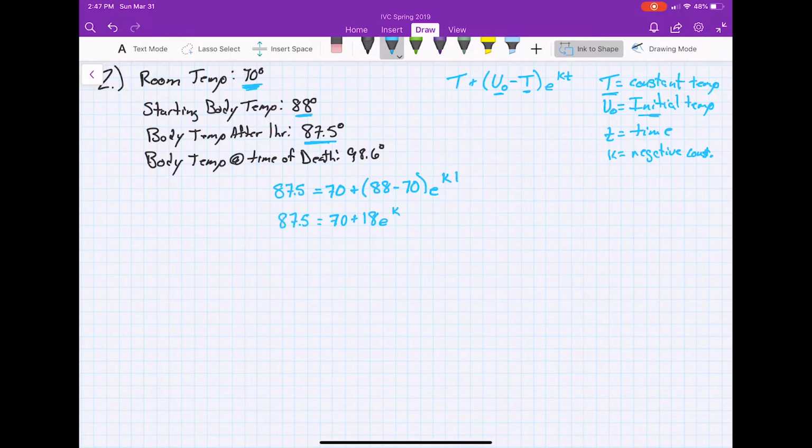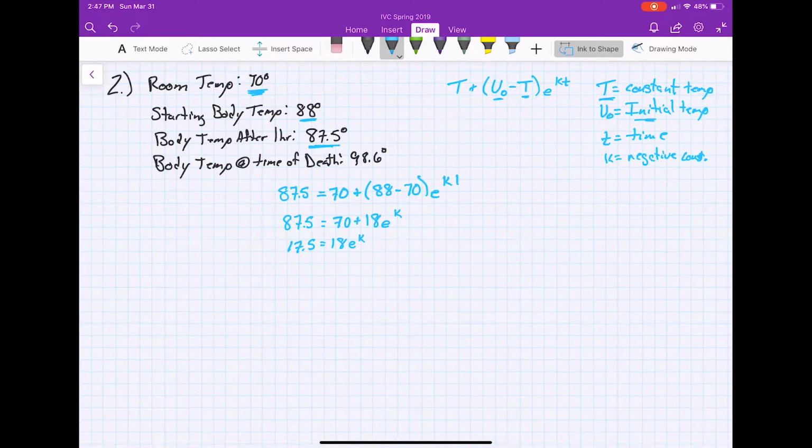Now we can subtract 70 from both sides, and we get 17.5 is equal to 18e to the k. Now we divide 17.5 by 18, and that equals e to the k. To get rid of that e, we're going to use an ln function.